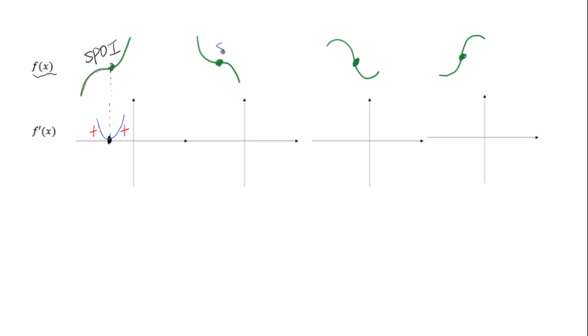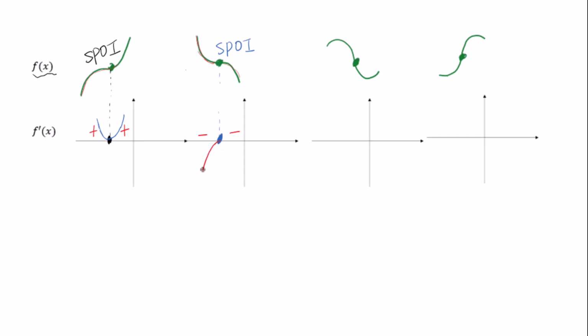This stationary point of inflection will become 0 in the graph of f prime of x. This part is decreasing, and this part is still decreasing. So negative, negative. Negative means below the x-axis.